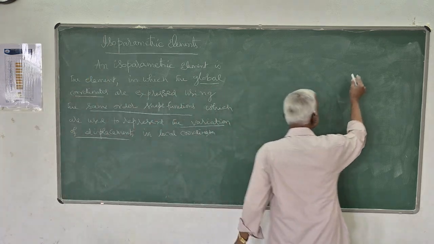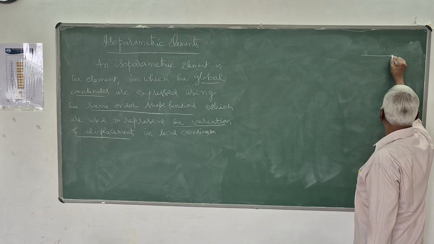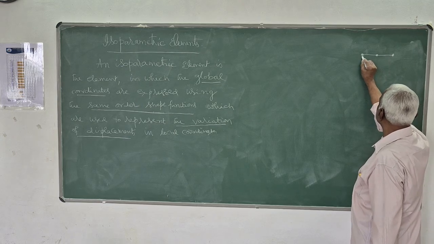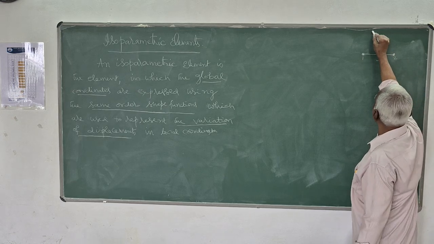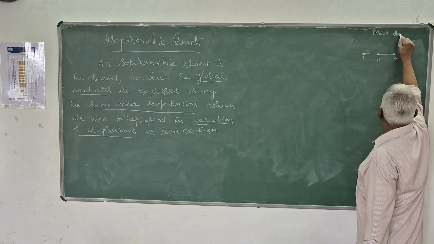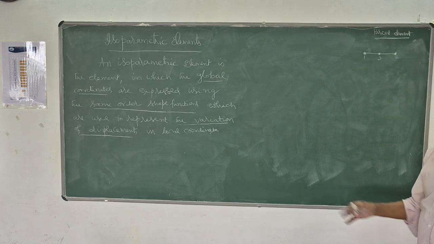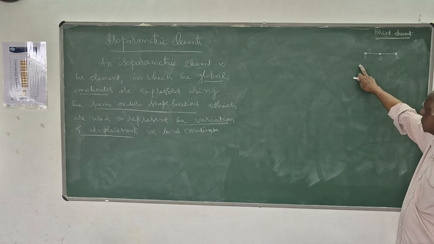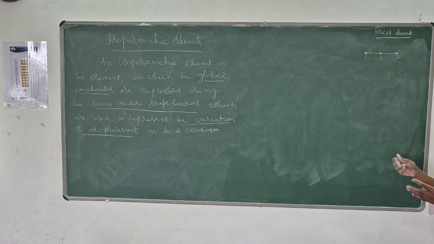For example, if you take the line element, the parent element, a quadratic parent element like this, 1, 2, 3, this is the parent element. For this, you have derived the shape functions N1, N2, N3, where N1 is y into y minus 1 by 2, N2 is y into 1 plus y by 2, N3 is 1 minus y square. That you have seen.